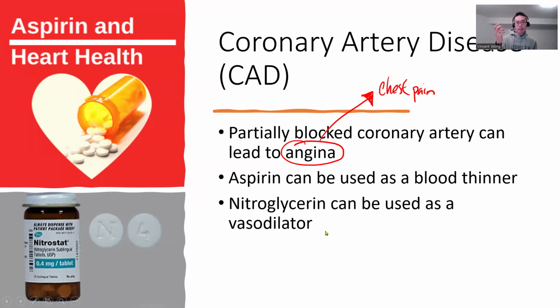It can be in the form of a pill that people put under their tongue, and then it slowly dissolves and opens up your blood vessel. That's what vasodilator means. Okay, so combine that with the thinner blood, it's able to restore blood flow and take care of the angina. All right.